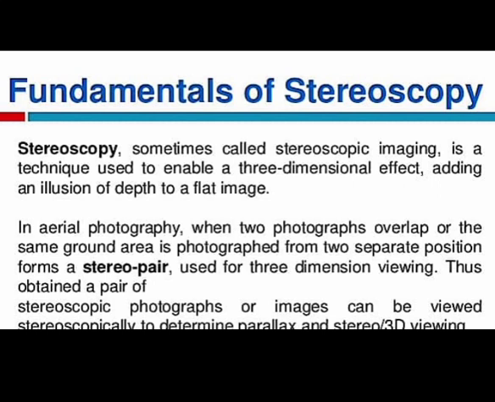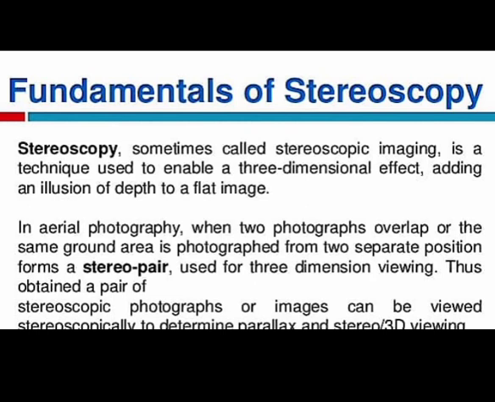In aerial photography, when two photographs overlap, or the same ground area is photographed from two separate positions, they form a stereo pair, that we call a stereo pair, used for three-dimensional viewing.